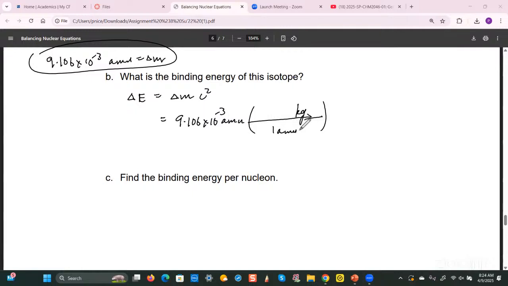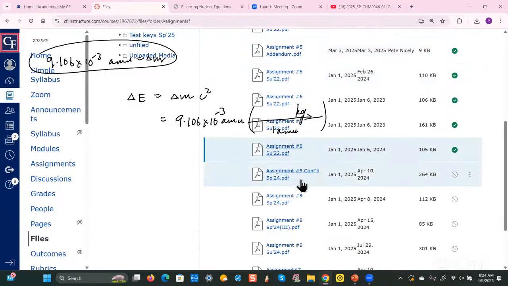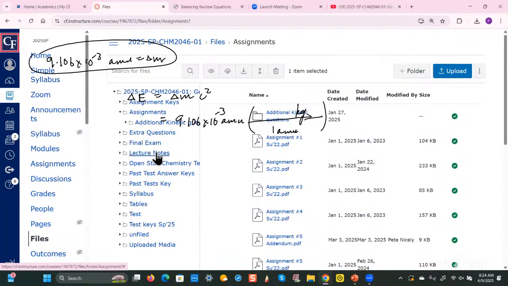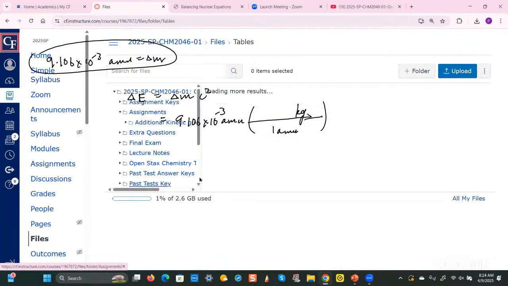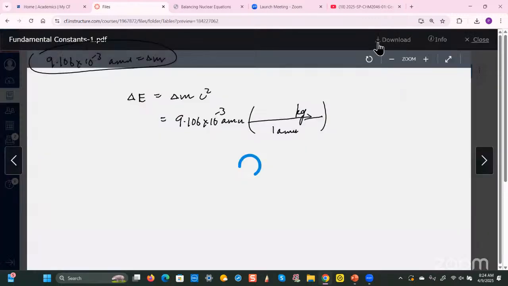So let me go to tables in Canvas and find tables. Fundamental constants, that's where it is.